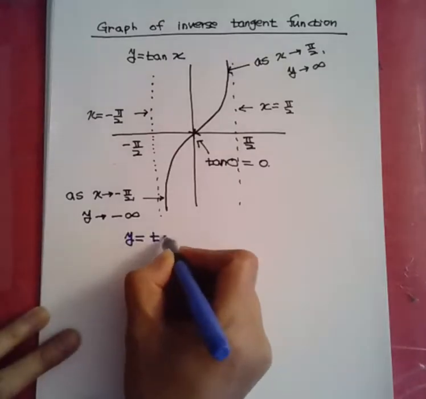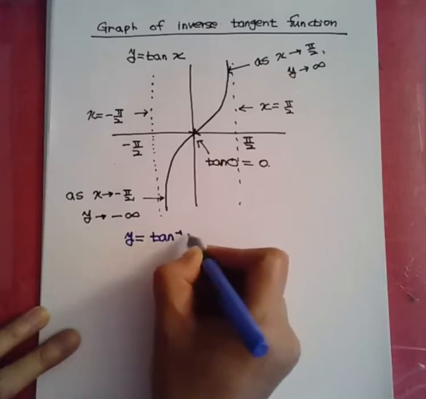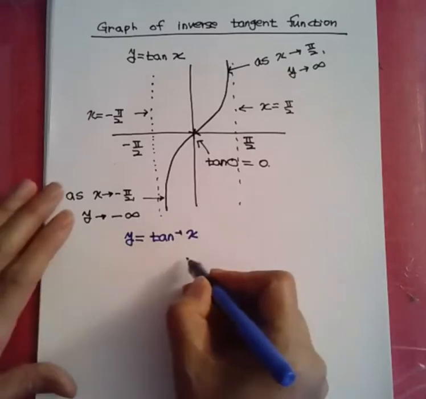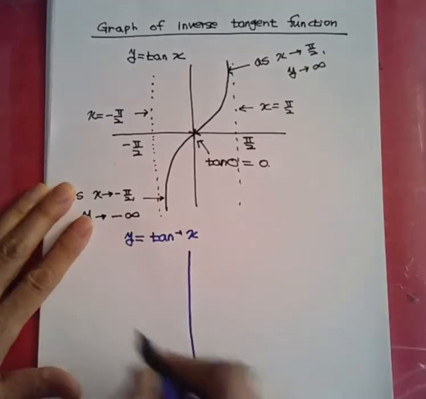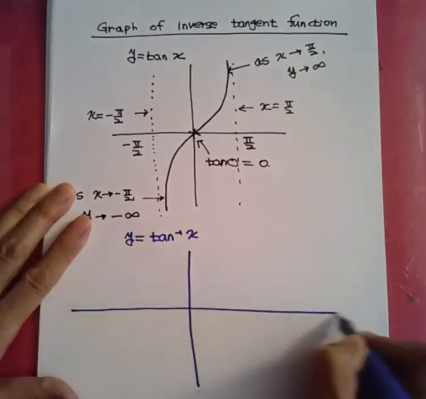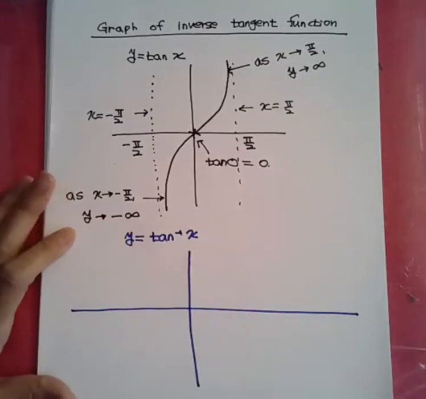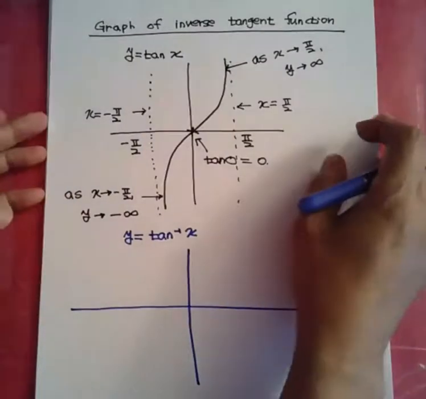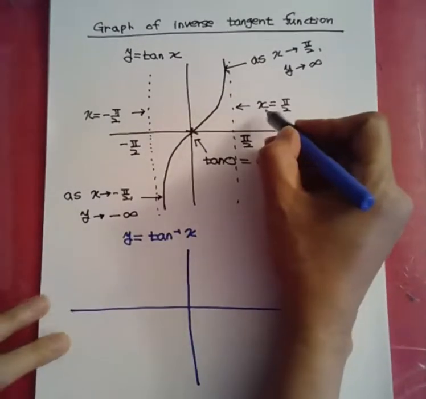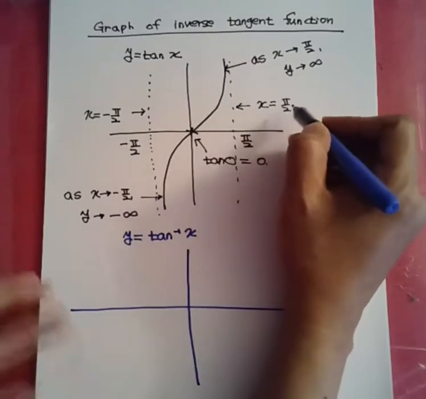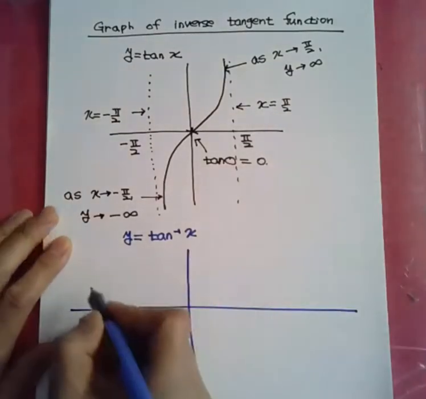y equals tangent inverse of x. What I said was when we make an inverse function, we switch x and y. So x equals pi over 2 will become y equals pi over 2.